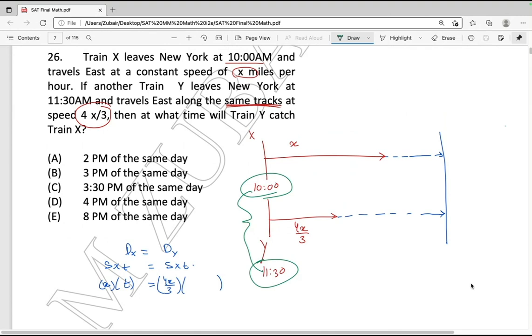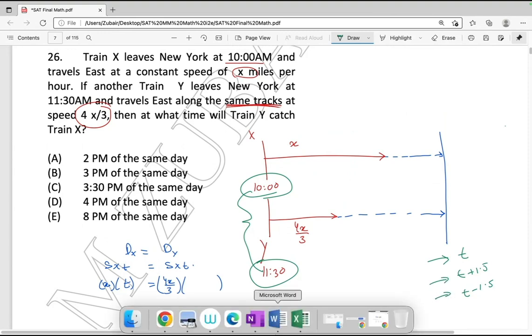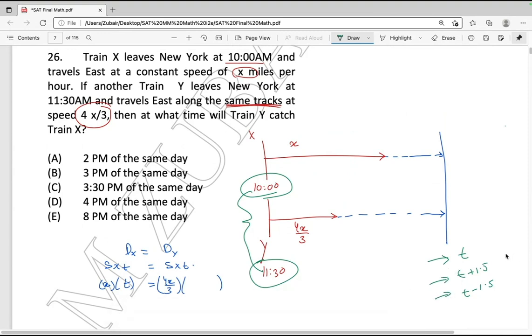I'll give you the options: t, t plus 1.5, t minus 1.5. Out of these three, what should I substitute in train Y's equation? Would it be t plus 1.5? What do you think, Mohammed?